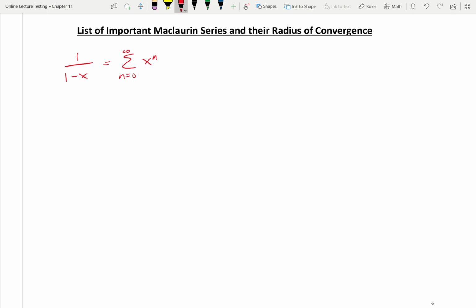We established that its radius of convergence, r, is equal to 1. Then we had e to the x, which we just established today. N goes from 0 to infinity of x to the n over n factorial. Here we have found out that its radius of convergence is infinity.